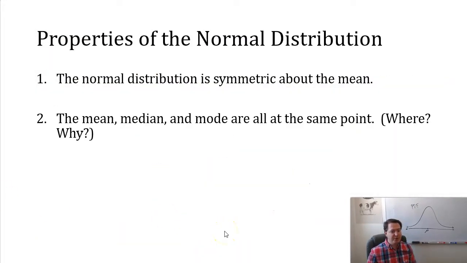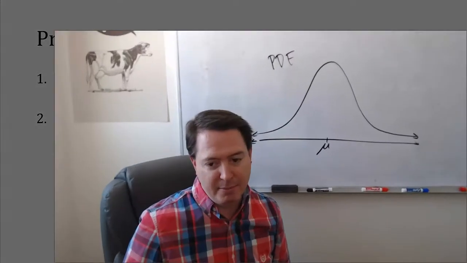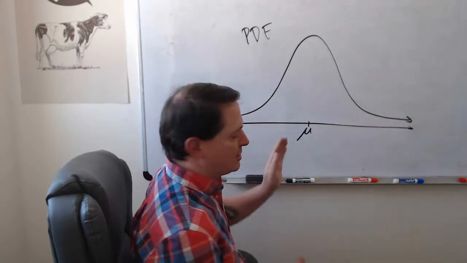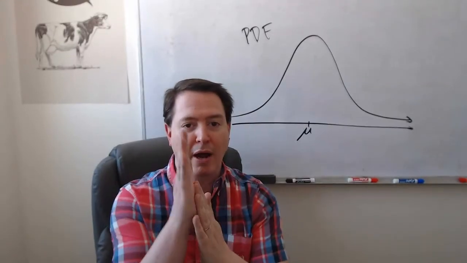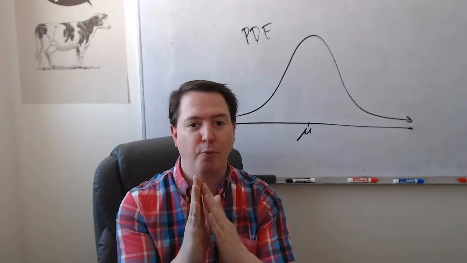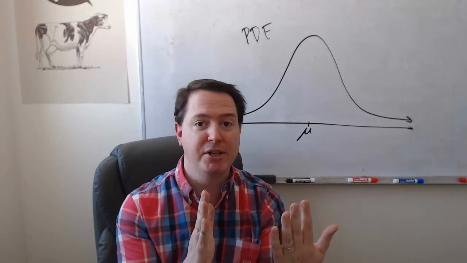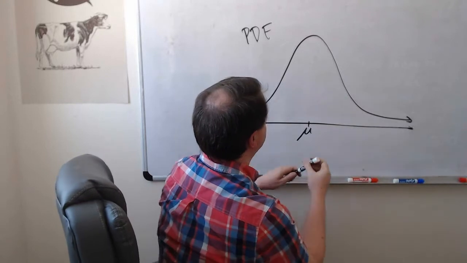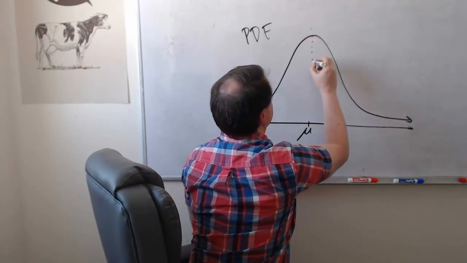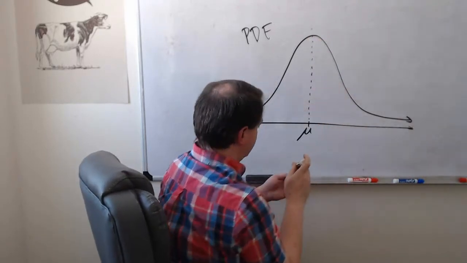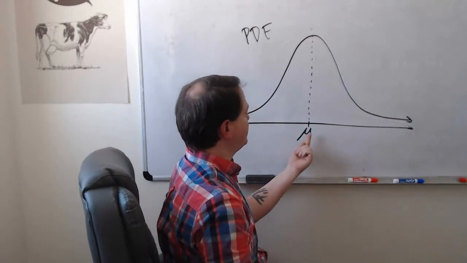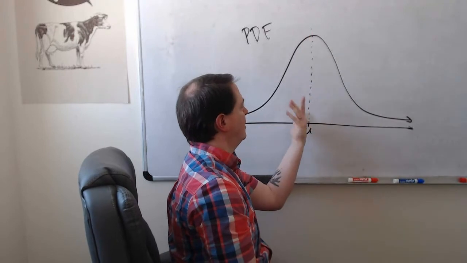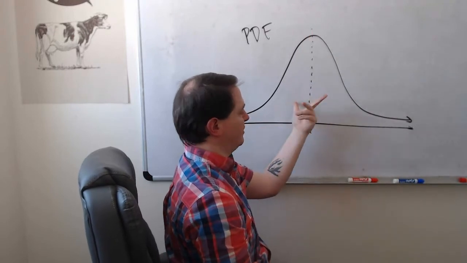First, the normal distribution is symmetric about the mean. What does symmetric mean? It's that I can draw a line somewhere so that one side is a mirror image of the other side. And where I draw that line is the mean. So when I say it's symmetric about the mean, I'm saying that when we draw a line at the mean, one side is a mirror image of the other.